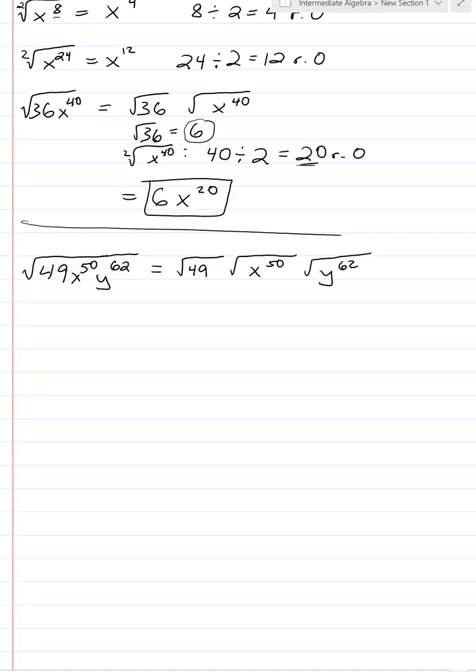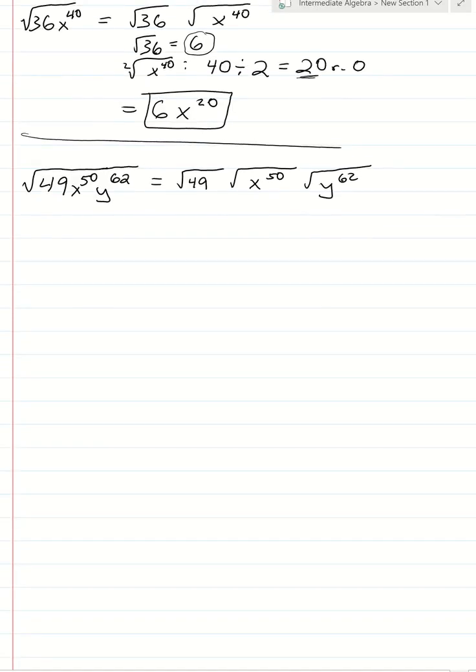We can do that because of that property of multiplication. And so now, we're going to take the square root of 49. That gives us 7. And then we have to take the square root of x to the 50th. Remember, we take the exponent, we're going to divide that by 2, the root index, and that goes evenly 25 times, no remainder. So this would become x to the 25th power.